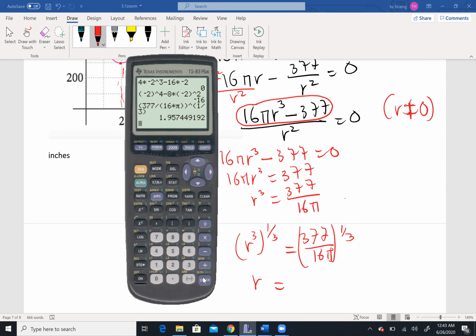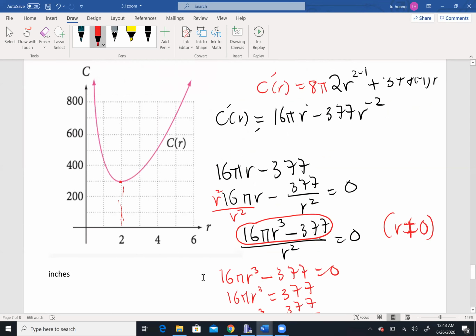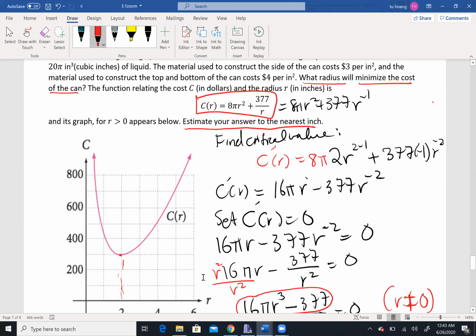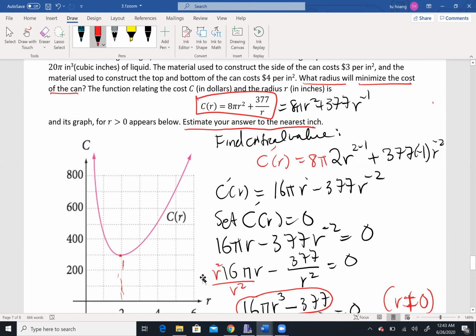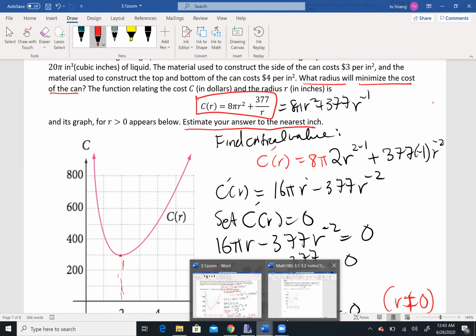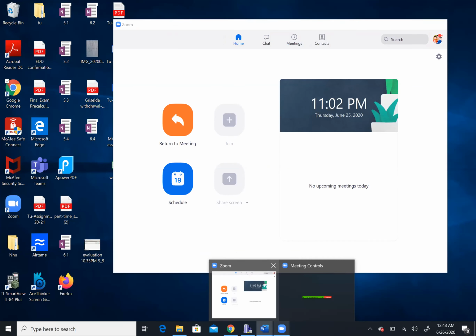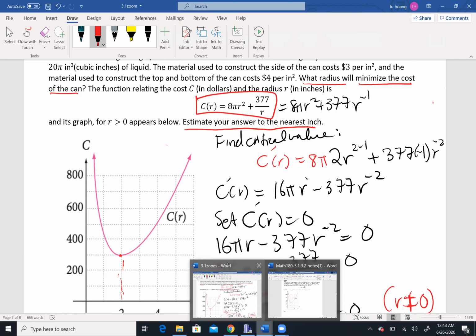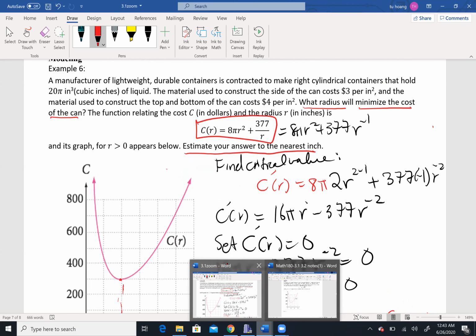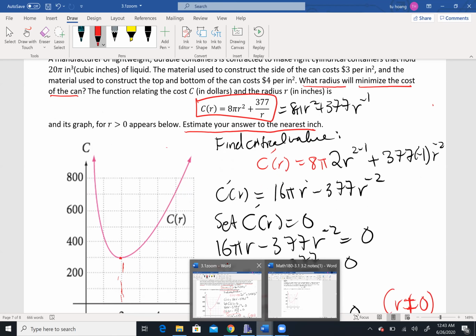Now the answer should be 1.96. They want to estimate the answer to the nearest inch. The problem here is talking about r in inches, so you just round to the whole number.